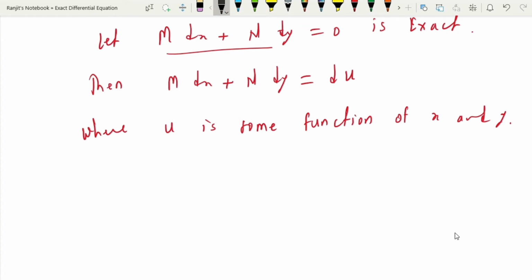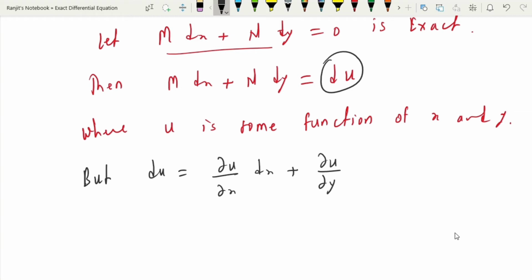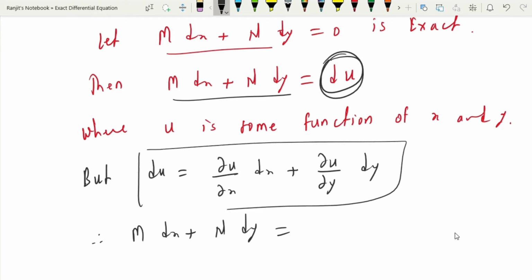But according to total differential, du is equal to del u by del x dx plus del u by del y dy, and therefore M dx plus N dy is equal to du, and du is equal to this.